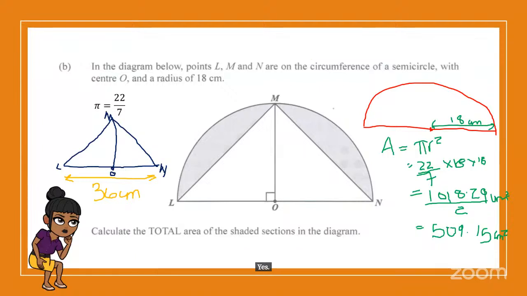Tyrone? Miss, a radius goes from the center to one point on the circumference. Yes, that is the radius. Follow through, Tyrone. So what does that prove?